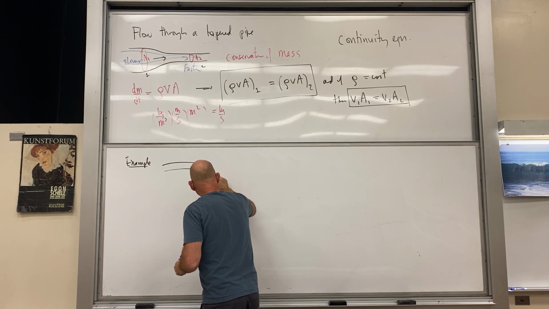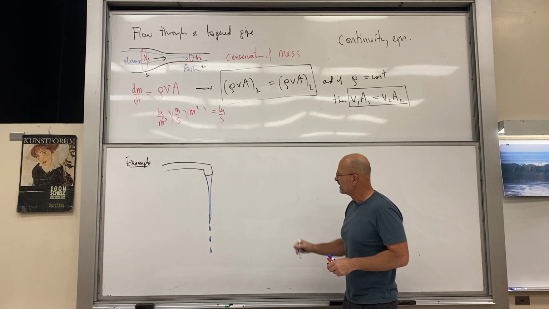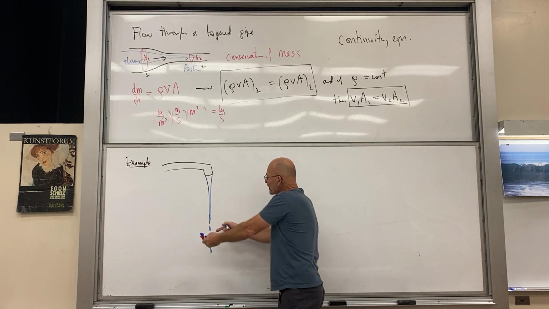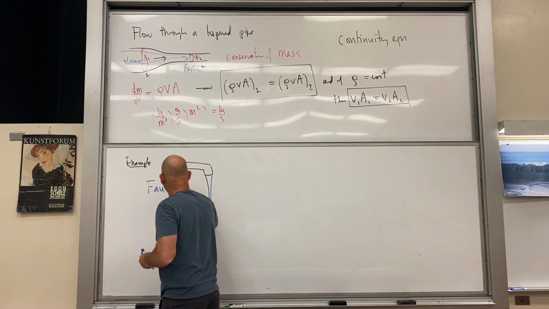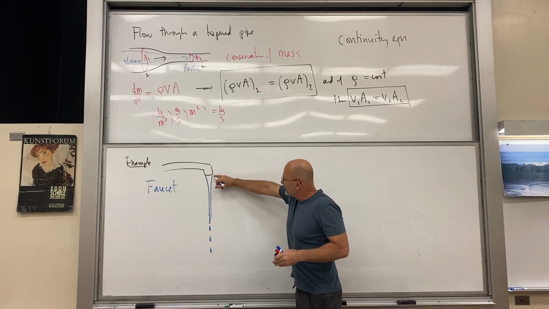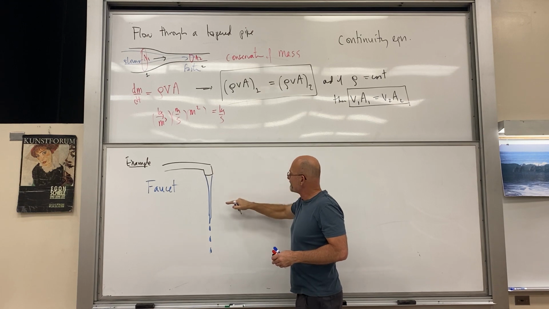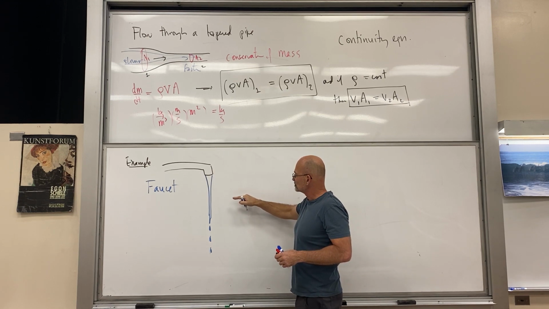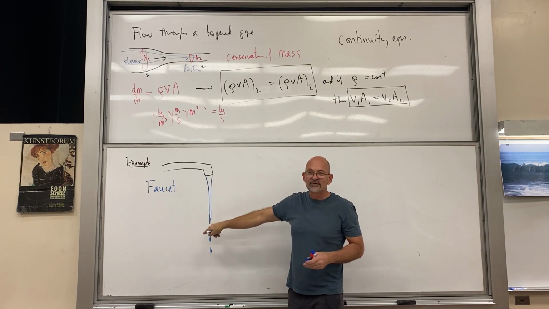It tapers, and when it gets too thin here, it'll break up into drops. So this tapered aspect, so this is the faucet, we ought to be able to calculate that. This water, as soon as it leaves the spigot here, it's under the influence of gravity, and it's just in free fall.